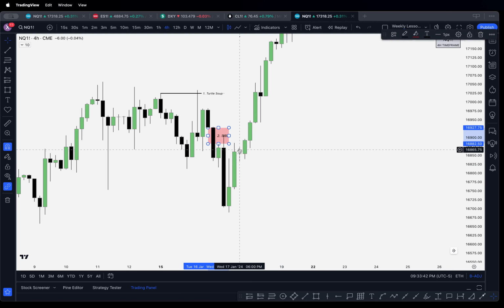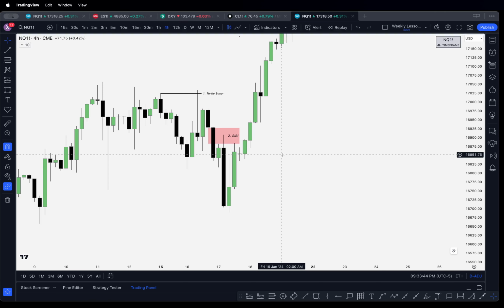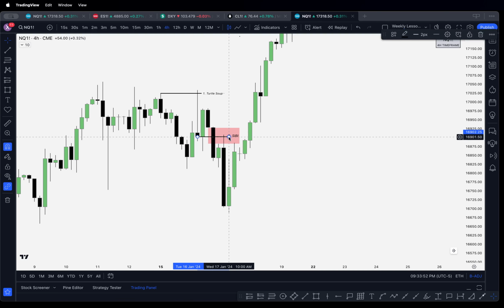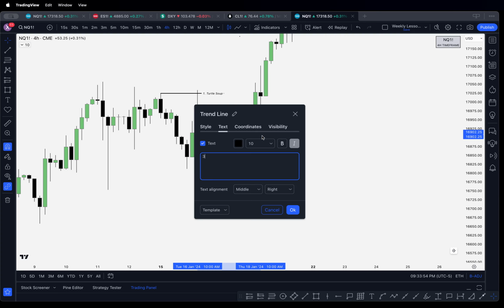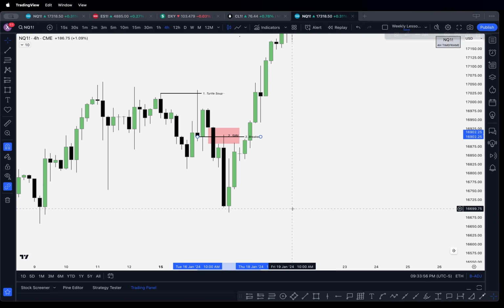In this case, it's a sell side imbalance, buy side inefficiency. And then 3 is going to be what? Your breaker. All 3 of those are valid entries, correct?